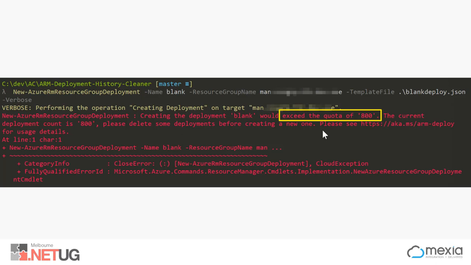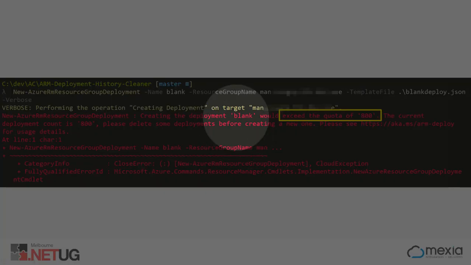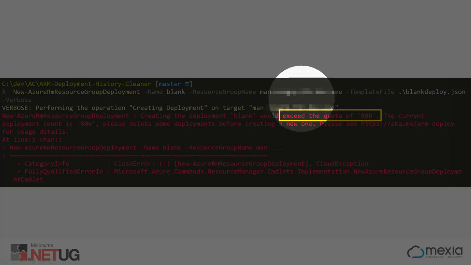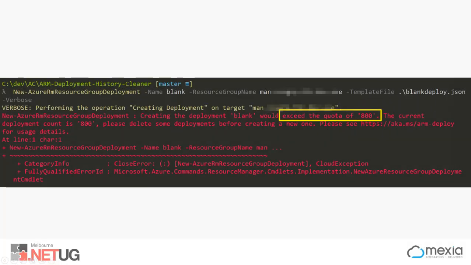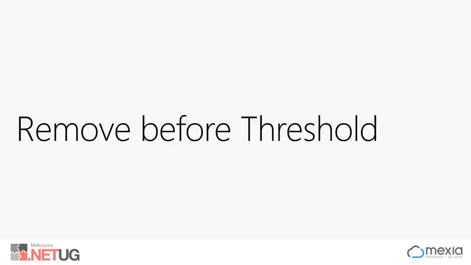It says you have exceeded the quota of 800. So in order to avoid this error, we have to remove some of the deployment history before exceeding the threshold.